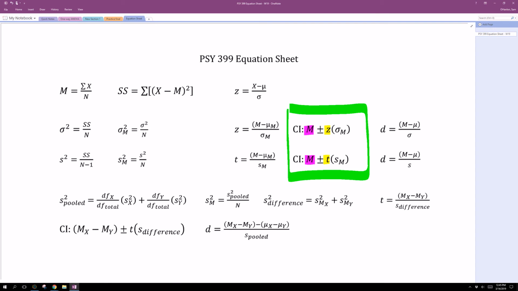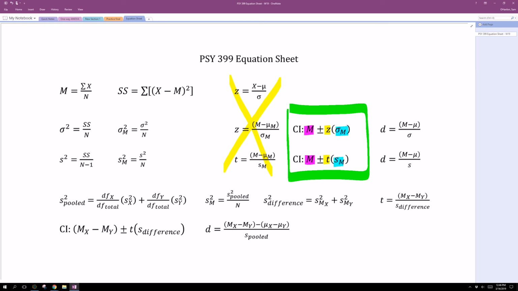So note that these are not calculated from this. These are from your lookup table, right? So these are your critical scores. So based on your degrees of freedom and your level of significance, you use the table to look up what the critical score is, what the cutoff would be, and that's what goes in that spot.